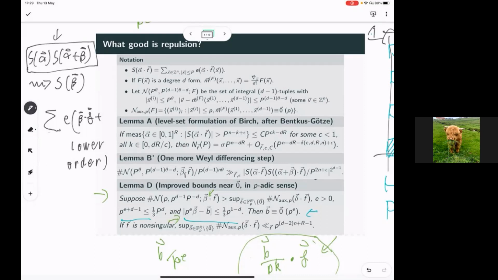And this doesn't really use the homogeneity. But as I say, there are a bunch of lower order terms in here. So you will certainly lose any information that you had about lower order terms in F, because they'll be completely obscured by these lower order terms that appear here.